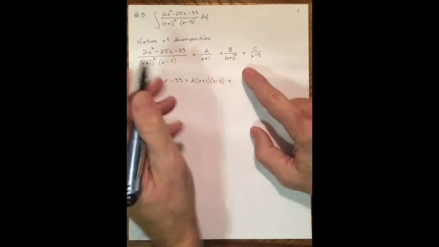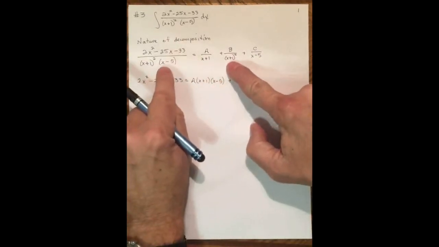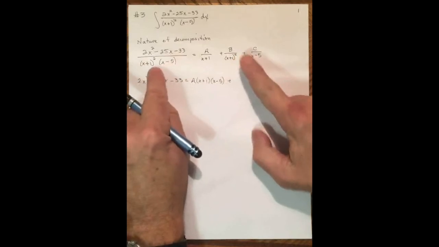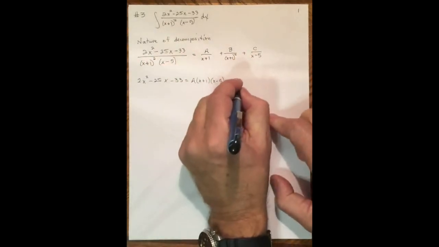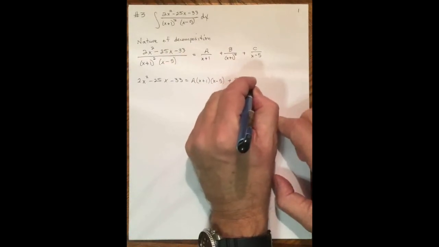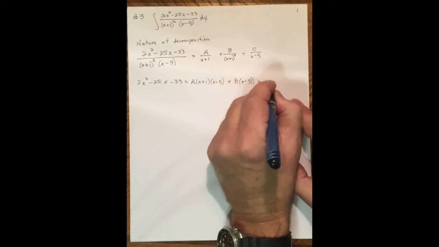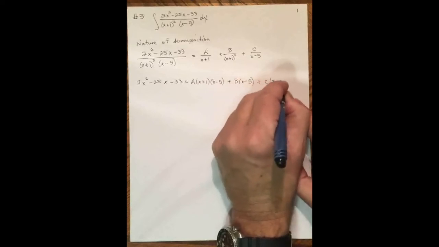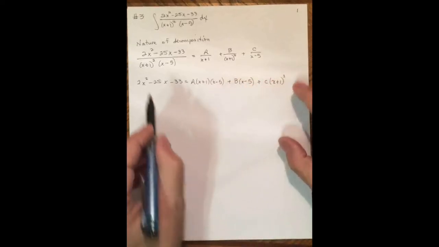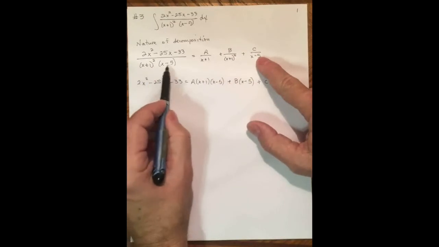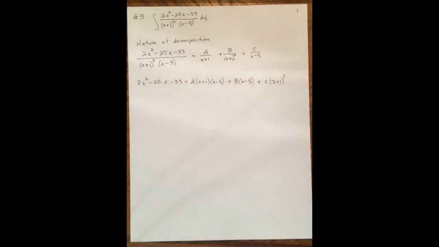Now for b, if I want this denominator to look like this one, I simply need an x minus 5 factor. And then for c, we need c times x plus 1 squared, because that's what's missing in this denominator if we compare it to this.